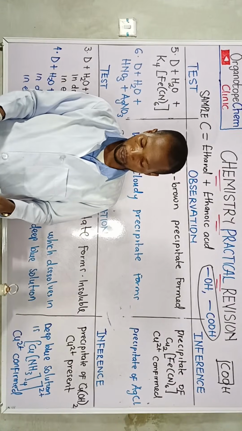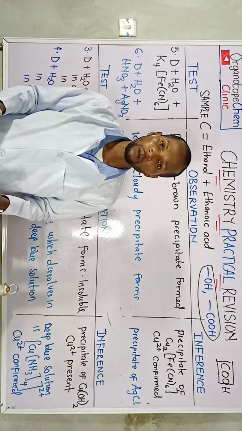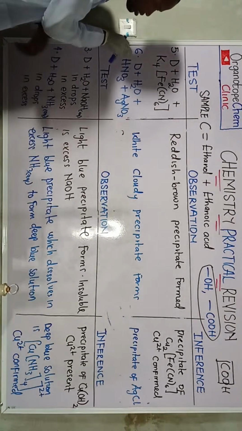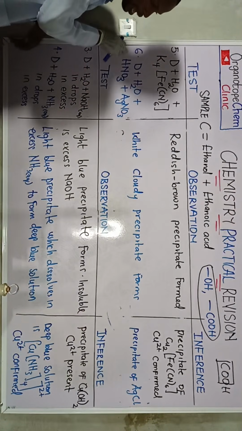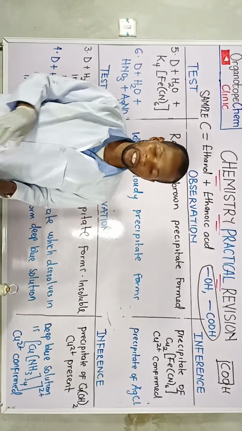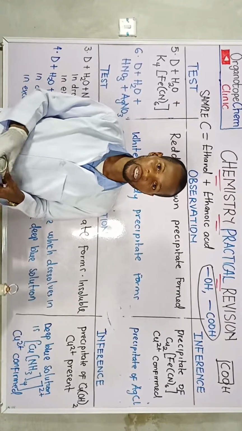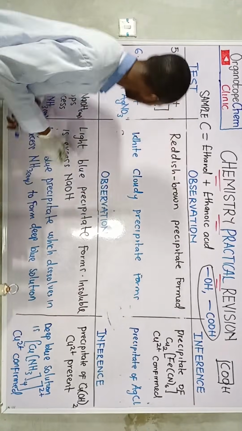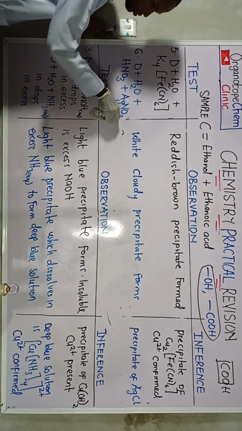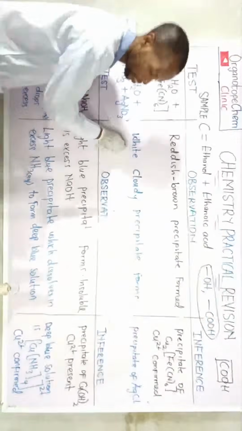Add aqueous ammonia to the precipitate obtained in test 6.